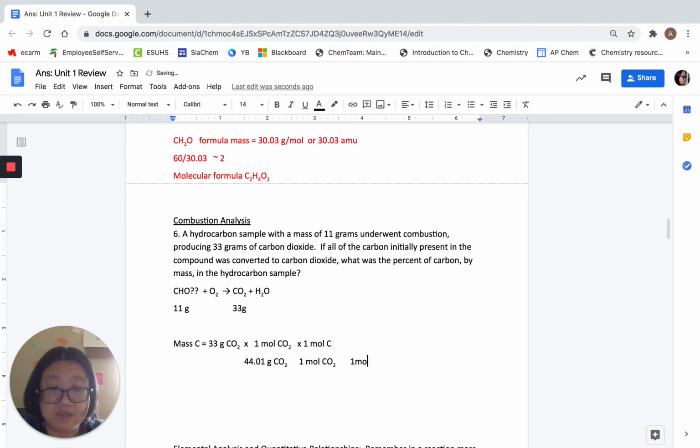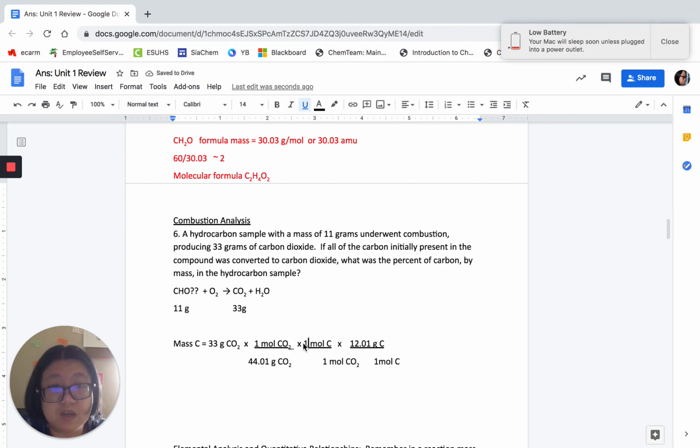So we say 1 mole of C is 12.01 gram of C. That will give me the mass of C. Pretty much that's what we're doing, and that will give you what you're looking for.